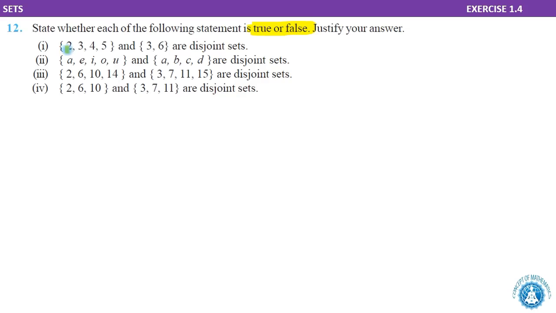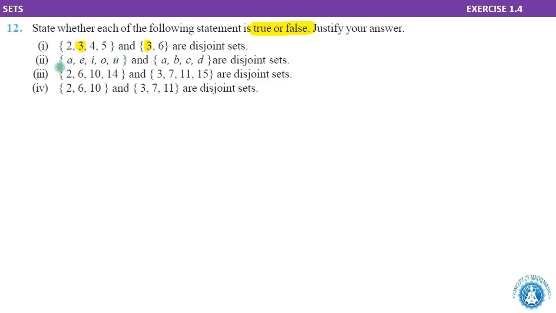A set having elements 2, 3, 4 and 5 and set having 3 and 6 are disjoint sets. It is false because 3 is present in both sets. Okay, so intersection is not null set.